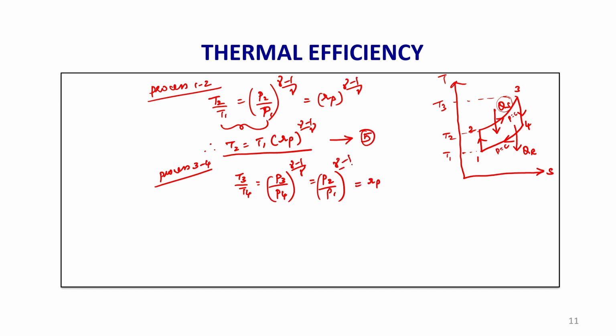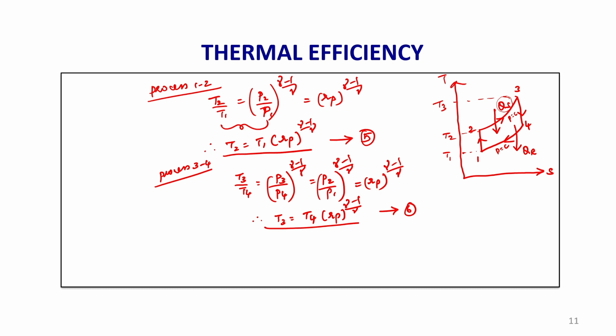Therefore T3 is equal to T4 into pressure ratio power gamma minus 1 by gamma. So this will be equation number 6.